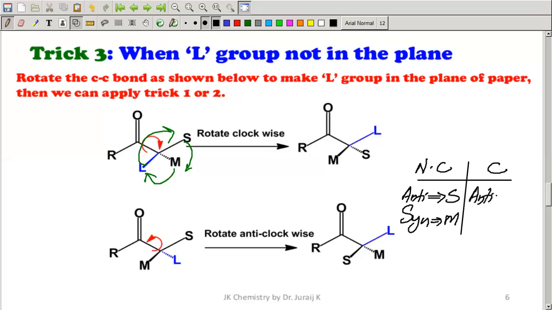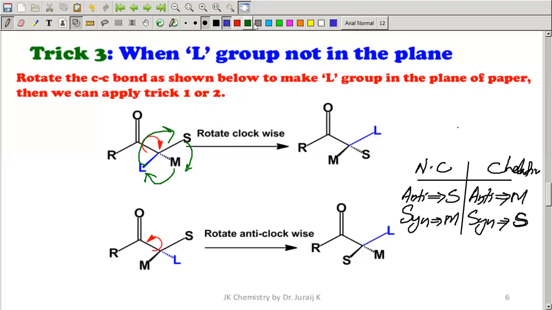In the case of chelation, anti attack takes place from the medium side, syn attack takes place from the small group. So accordingly, depending upon the reagent, you can apply this rule. This is a shortcut, not a rule that we developed. It is not standardized.